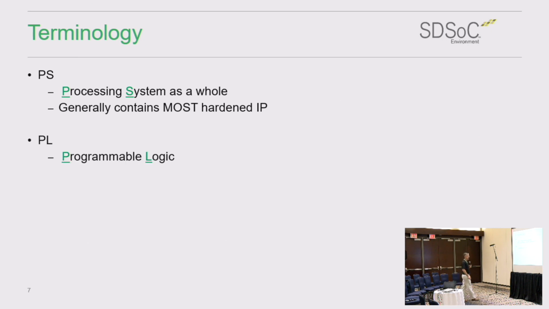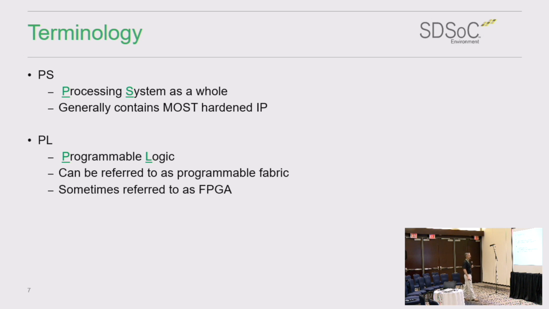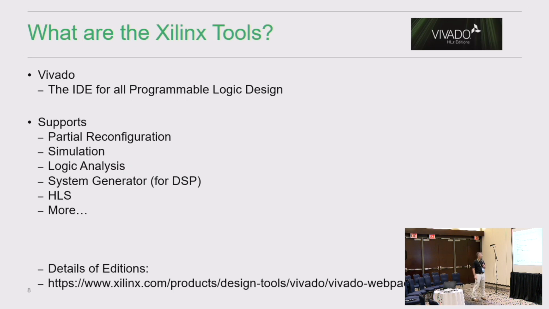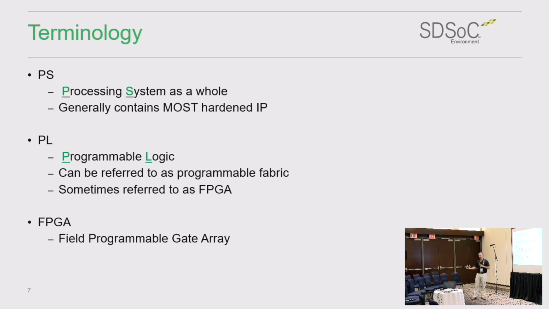The programmable fabric is typically referred to as programmable logic. A lot of people like me who've been doing FPGA stuff for 12, 15 years, I'll just call it FPGA because that's what I know it as, although the technology is significantly different now than it used to be. FPGA, for people who don't know, is field programmable gate array. I'm sure we somewhat know what an FPGA is if you're in this room.